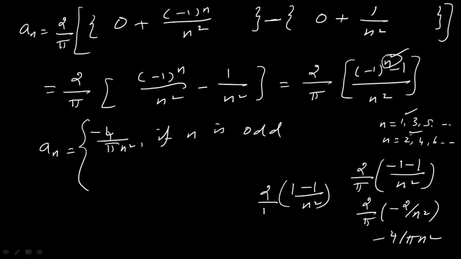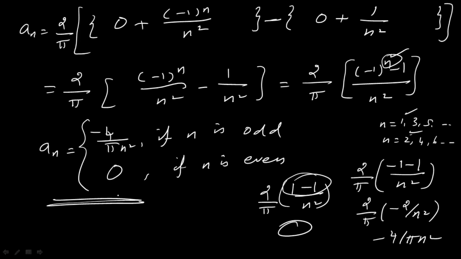Before that you have 2 by pi. So the numerator becomes 0, which means the entire value of a_n is 0. So a_n takes the value 0 if n is an even number. The value of a_n exists only for odd values of n and not for even values of n.